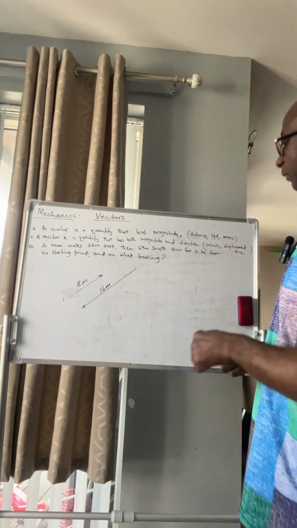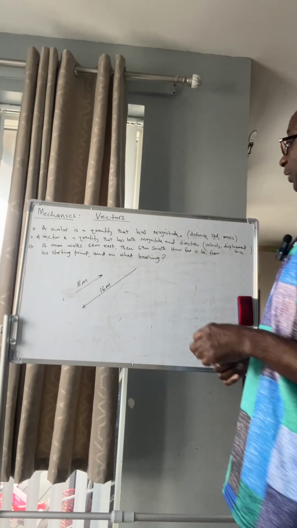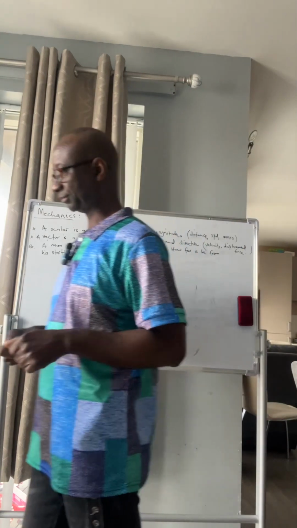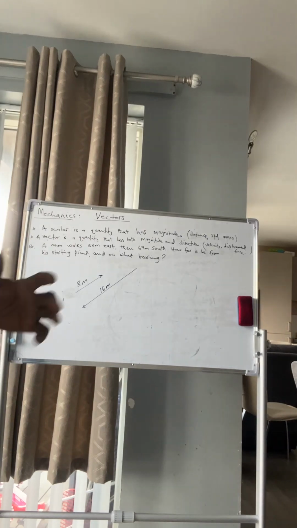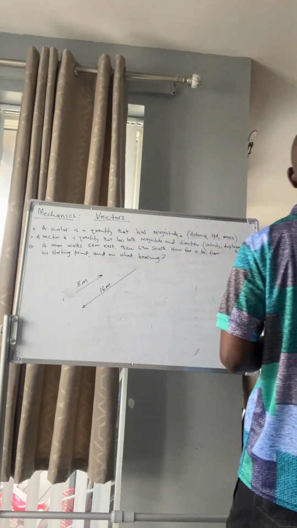Then from that stage, we move on to a position vector. A position vector describes the position of a point in relation to the origin. And at each stage, we shall solve problems and see what this is composed of, what it comprises.